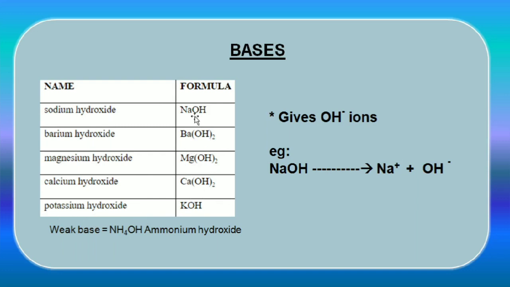If you see, all the bases have OH ions in their structure. And one example of a weak base we have here is ammonium hydroxide. So whatever the base is, when we dissociate it, we are going to get OH minus. Whereas in acids we got H plus ions, in bases we are going to get OH minus ions.